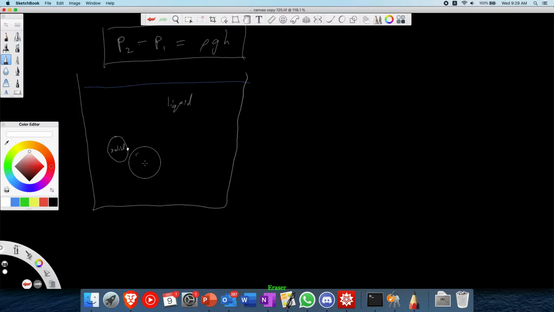Well, the answer is it will act in a normal direction. Normal direction means perpendicular. So I draw a bigger object here. Let's say I know the pressure here. Then the force that the liquid exerts on the solid is normal to the surface.